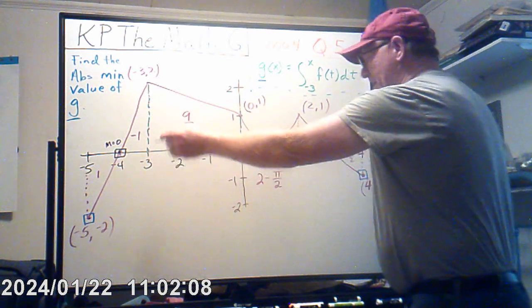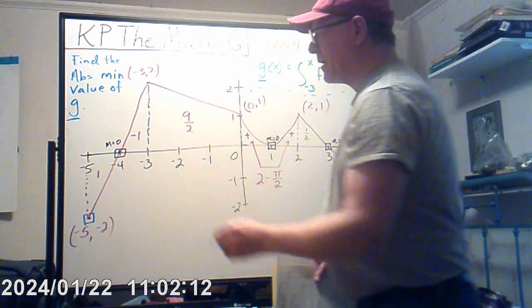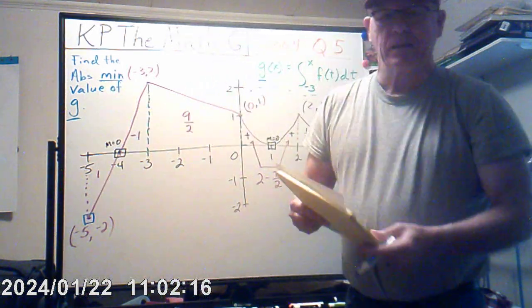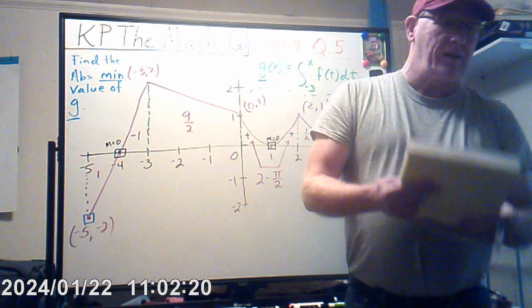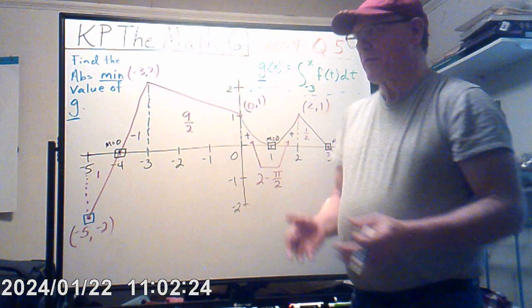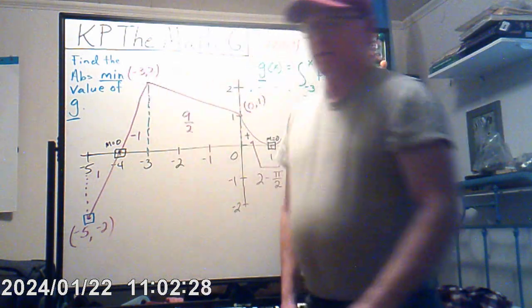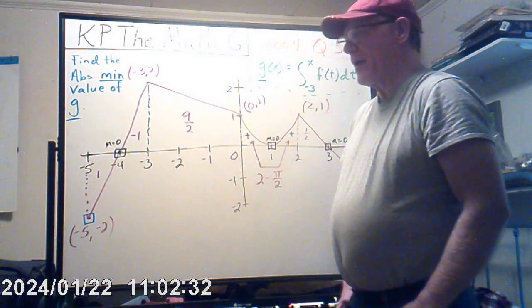But is there anything in between here? And it says minimum, so we're looking at the absolute min. You've got to pay attention to that, because you may accidentally find an absolute max in this also, which we're going to do anyway, but I want to do what they're asking for. We're going to do the absolute min.